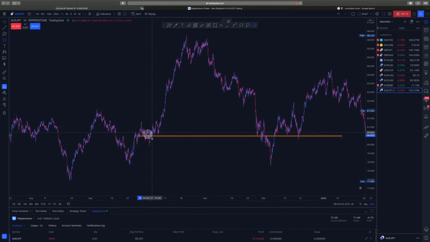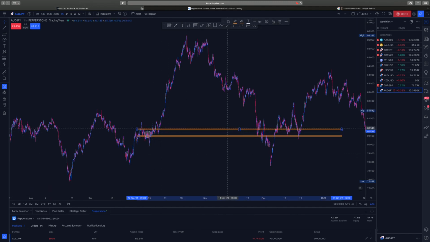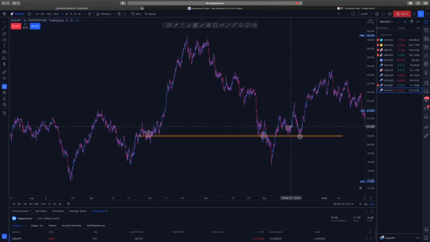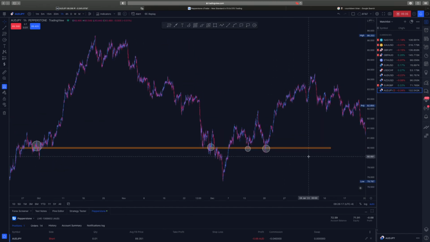So let's say we draw a circle there to identify the number of times that this area has been tested. We can clearly see that it has been tested multiple times, and another one here. The same can be said of a region that you identify as a resistance level.